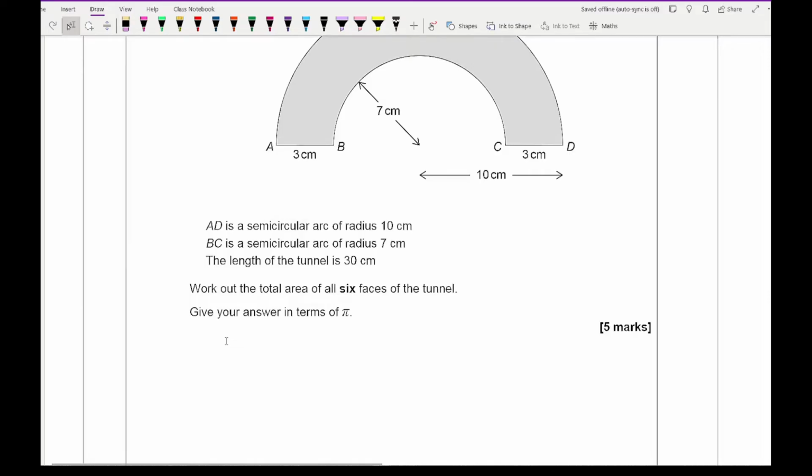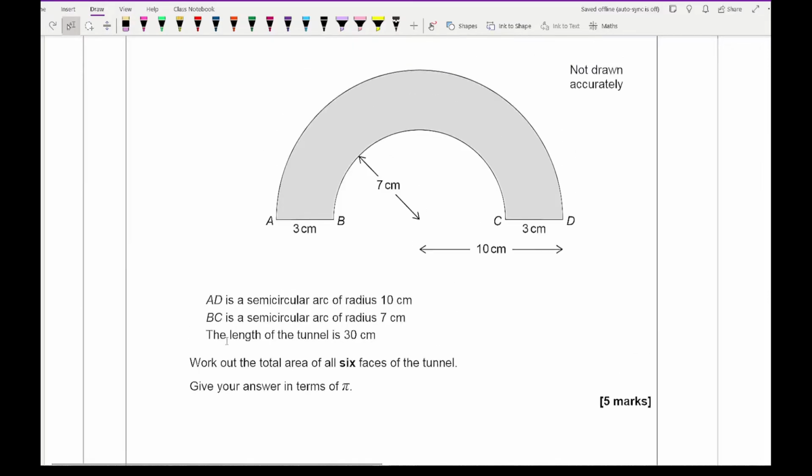Now there are several areas that you need to be aware of. Where the 6 areas are is this here, which is going to be a rectangle, and this is going to be 30, and this bit here is going to be the semicircle of BC.